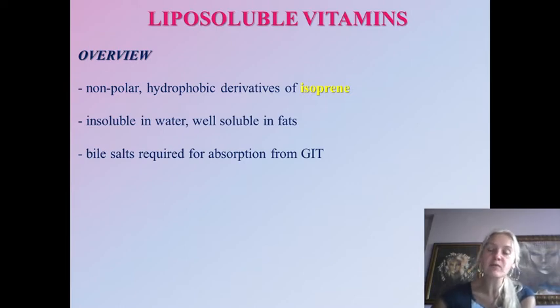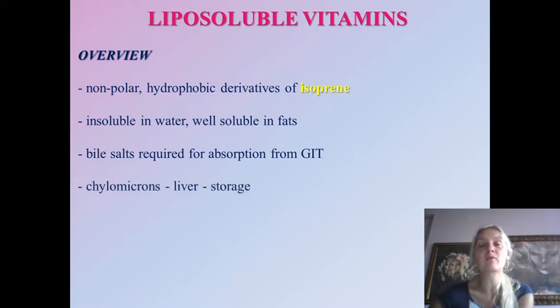The next information is common for all lipid molecules and all liposoluble vitamins as well, that once they are absorbed into enterocytes, they can be reesterified if necessary, and they can be incorporated in the form of chylomicrons, lipoprotein particles, whose role is the transport of those dietary lipid compounds and liposoluble vitamins from enterocytes to the liver, where they are deposited in the form of storage units.